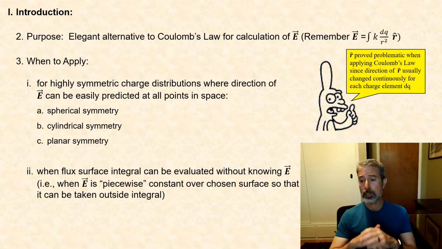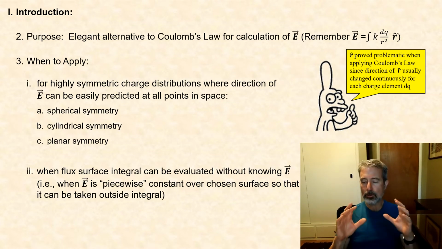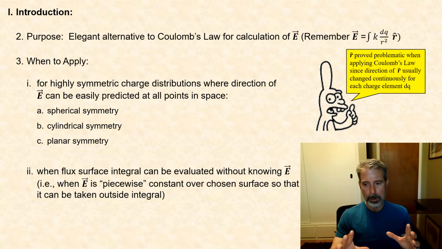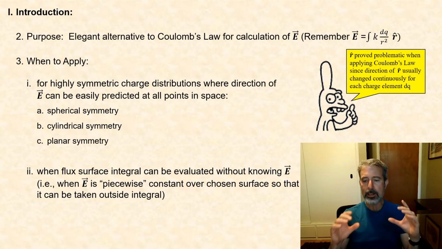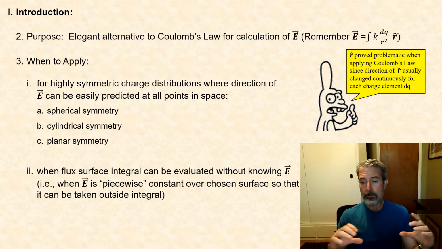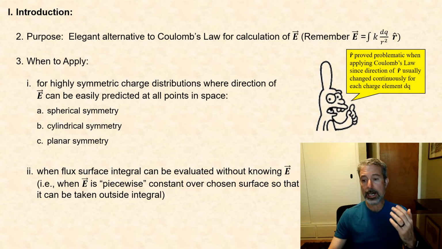If this condition is not met, it would be a nightmare to actually apply Gauss's law and evaluate that flux integral. But as we will see, for these symmetries, with the appropriate choice of the Gaussian surface, the electric field will be at least piecewise constant over every piece of the surface, in which case it makes evaluating that integral possible.